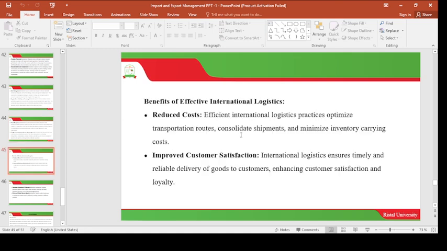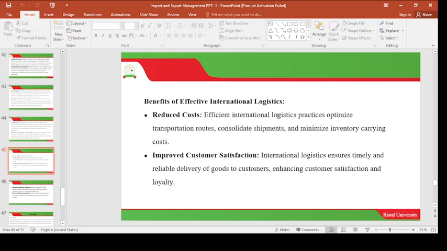So let's go on and look at the benefits of effective international logistics. What are the benefits? A reduced cost. Efficient international logistics practices optimize transportation routes and consolidate shipments. Here you can make small units into one big unit, such that you can enjoy some economies of scale in terms of transportation and even in taxes, because the consolidated big unit can ease transportation.